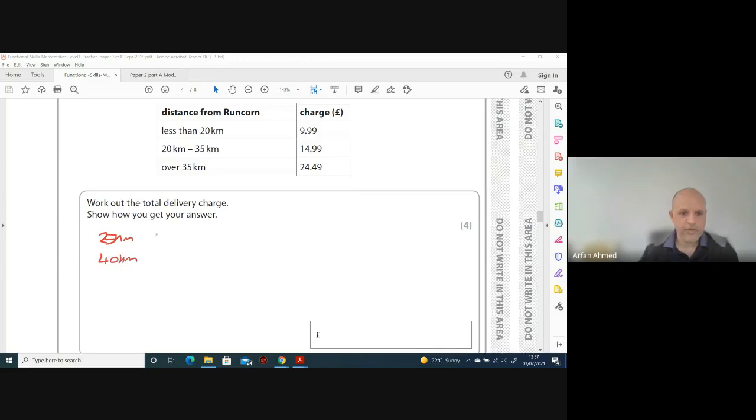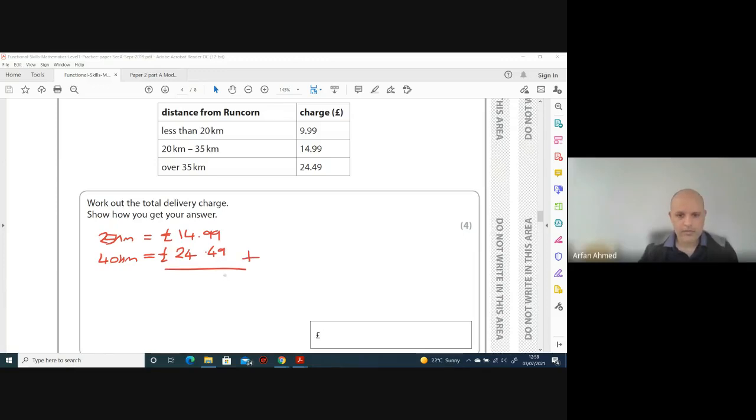So we've got 2 deliveries. If it was 25 kilometers, that's going to be that one in the middle, 14.99. That's how much he's going to charge for that one. And for the 40 kilometers, that's going to be that one over 35 kilometers, which is 24.49. Yeah. So the total, we're going to have to add these 2 together.